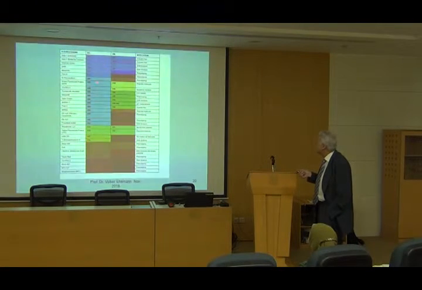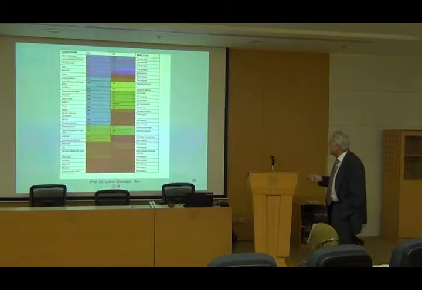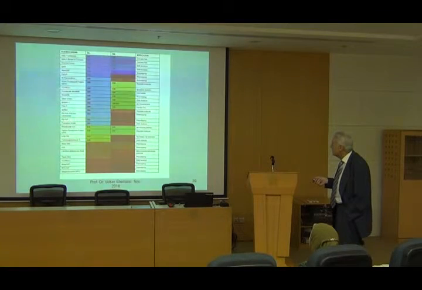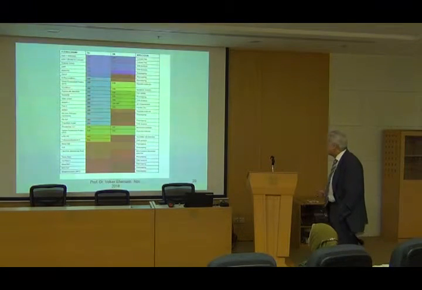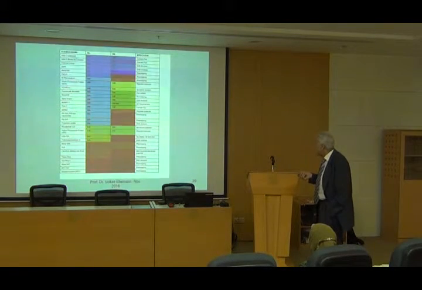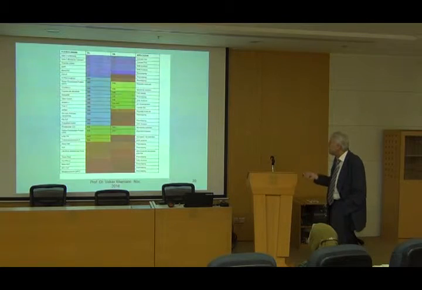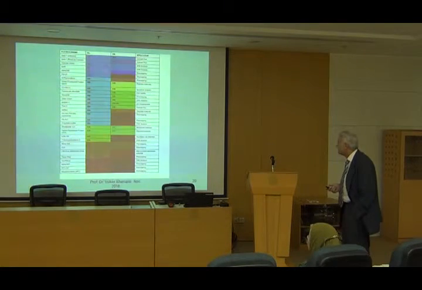For example, DAPI here is a UV color, in contrast to propidium iodide, which has a green excitation and a red emission. This is only to describe what is possible to mark cells.